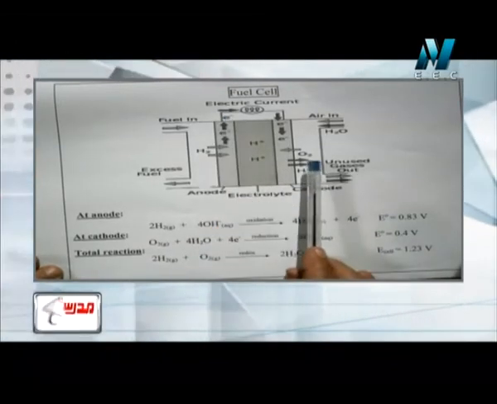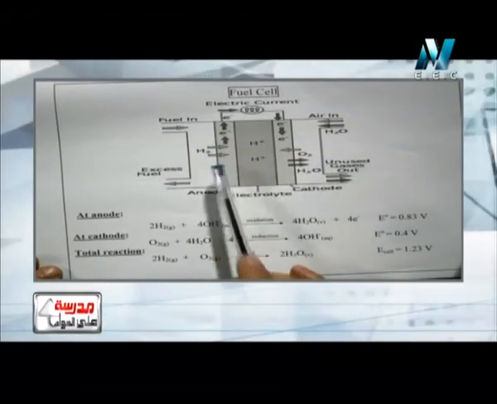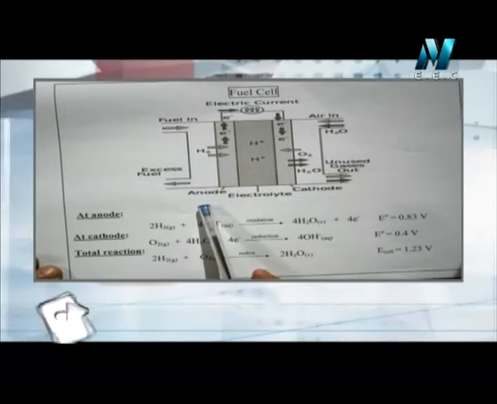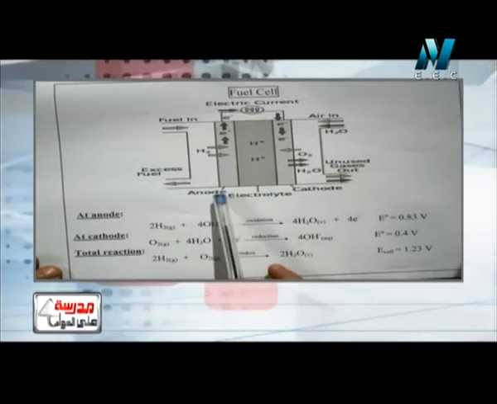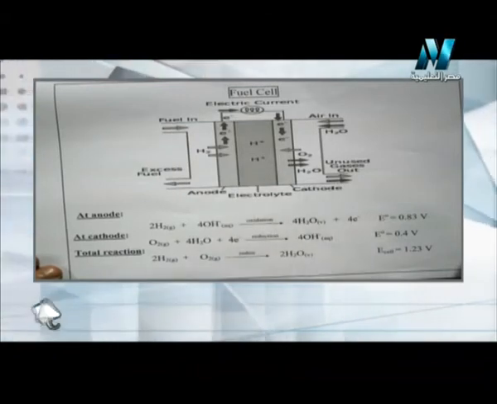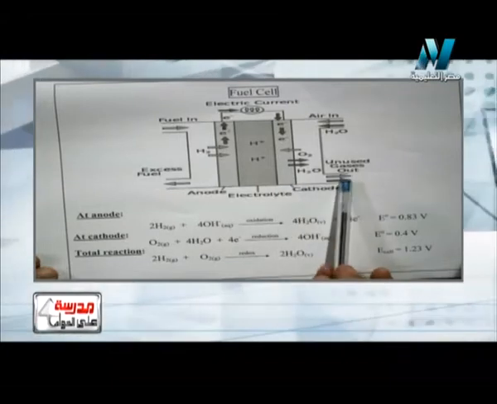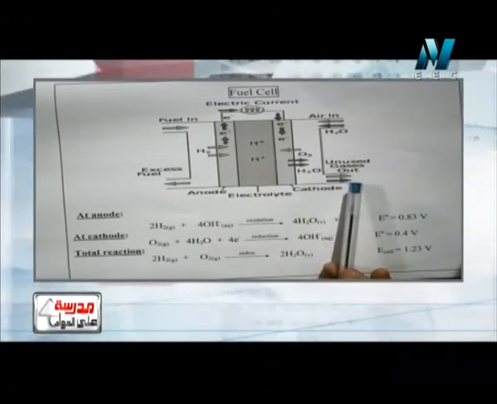And here is the oxygen gas. Hydrogen is oxidized. We said that oxidation occurs at the anode. Hydrogen is oxidized to form hydrogen ion, which at the end combines with oxygen to form water. So it gives water, and we can use this as pure water.